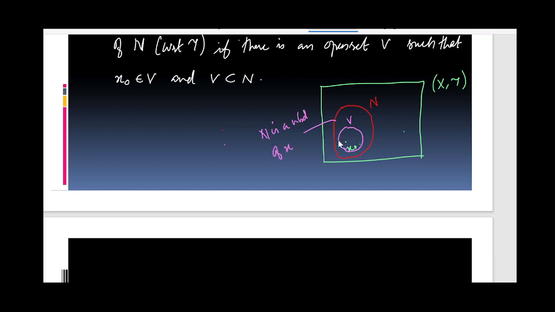There exists an open set V, but this V is an open set such that x naught belongs to V and your V is contained in N.